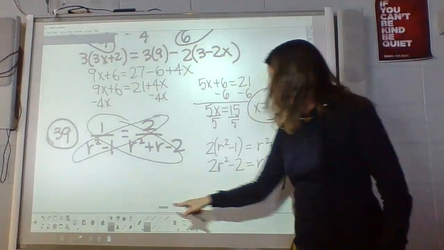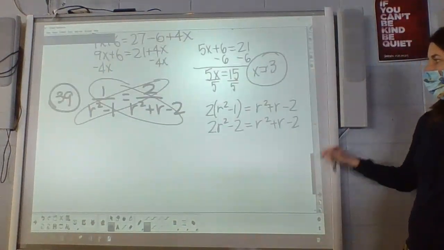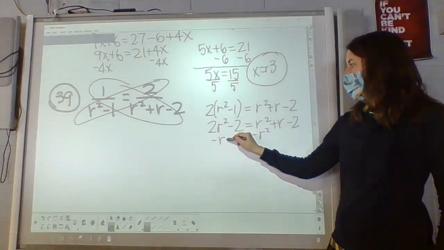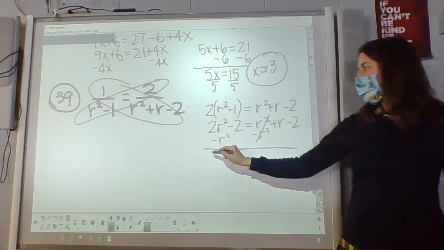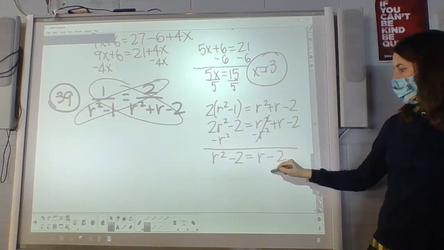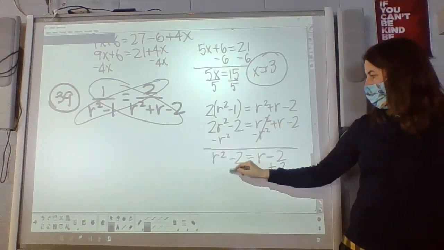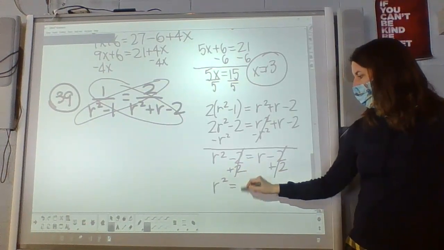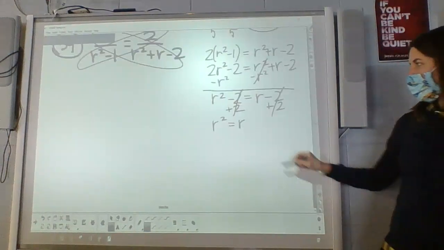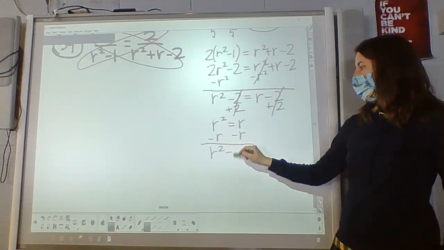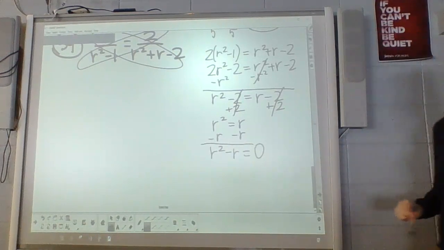So in order to solve this, it's a quadratic, so I'm going to move everything over to one side. Move the r squared over, get 1r squared minus 2 equals r minus 2. Move this 2 over, those cancel. So I need to bring the r over. No, it's pretty small here.